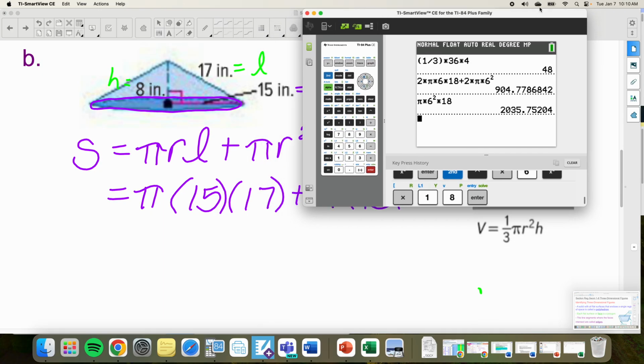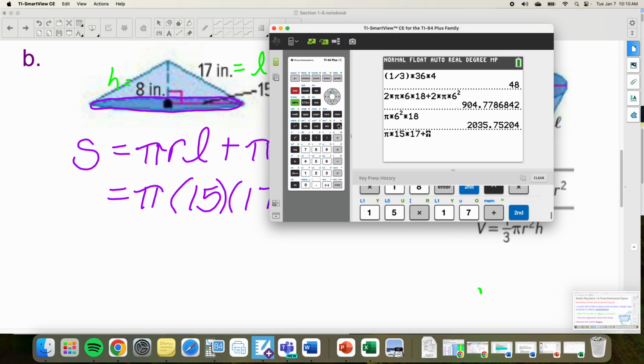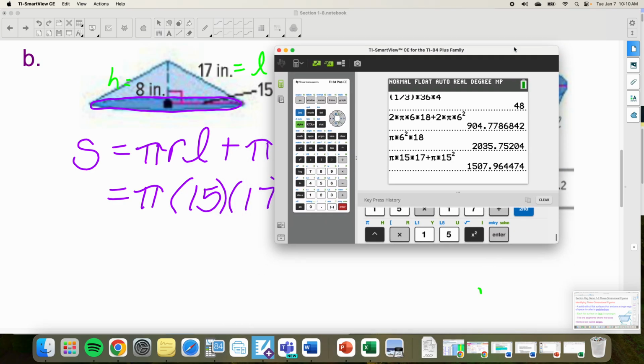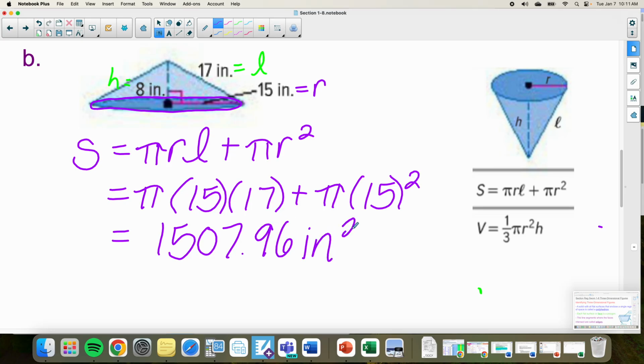So I can go pi times 15 times 17 plus pi times 15 x squared. Did you guys get 1,507.96? Yeah. Okay, so 1,507.96, and that is square units if it's surface area.